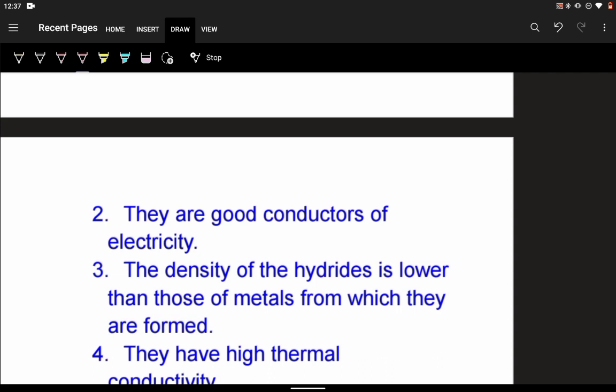The density is lower because the crystal lattice will expand due to the adsorption of H2. That is the reason for the density being lower. They have high thermal conductivity.